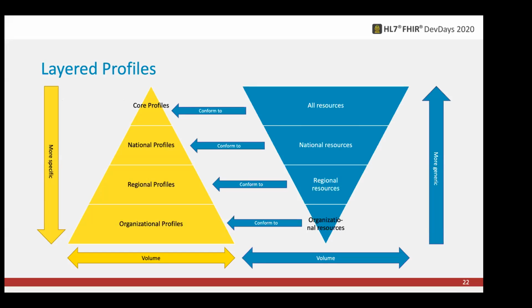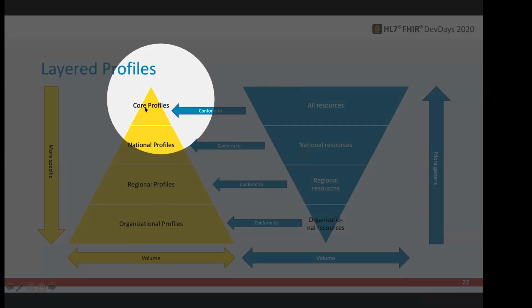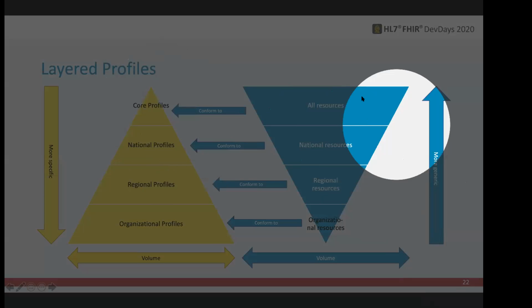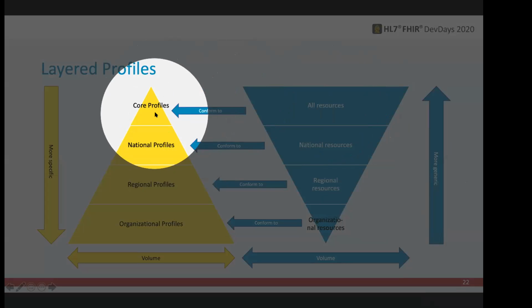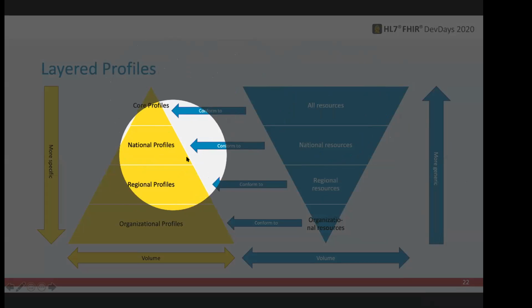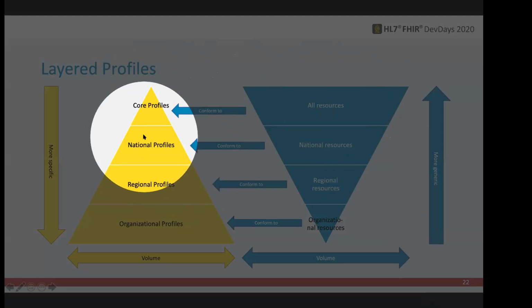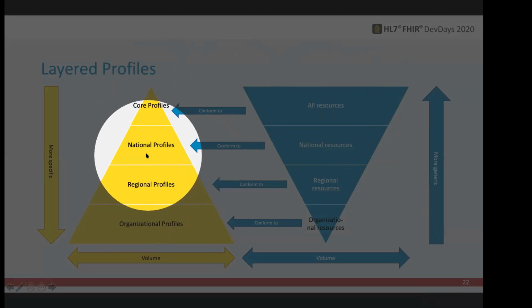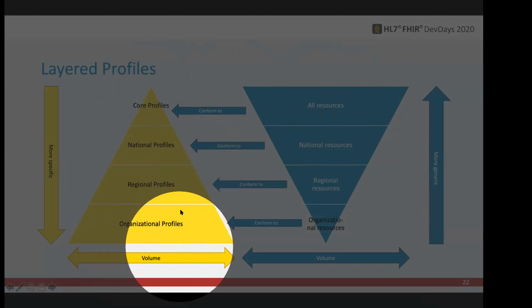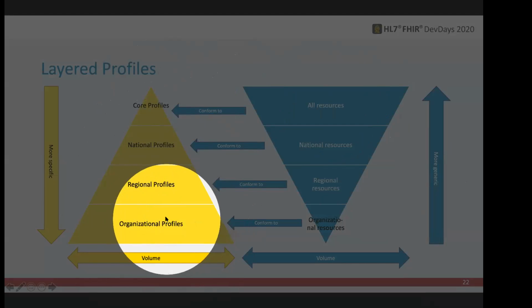Well, of course, if you are going to take a look at what's out there in the world, we will see that we have a set of core profiles. That's the FHIR core structure. All resources will always conform to the core profiles. And then, of course, we can take that layered structure where you can have profiles that depend on the core profiles, regional profiles that constrain the national profiles even further, and then a lot of organizational or use case specific profiles.